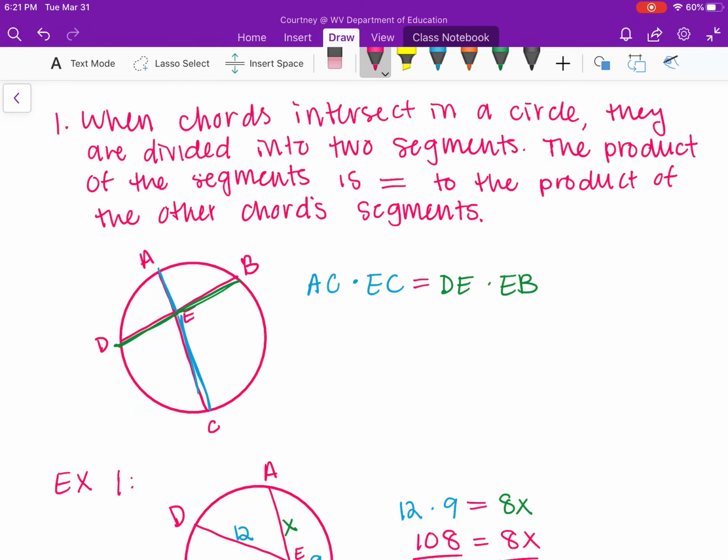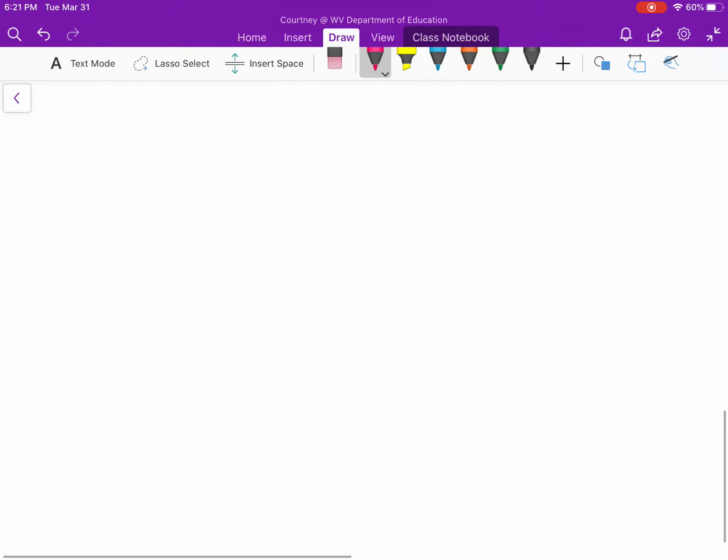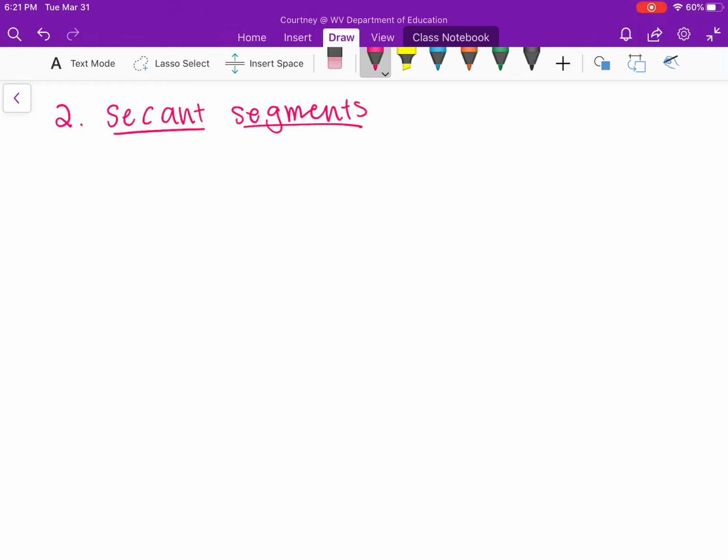That has to do with chords. Our second one, number 2, is going to have to do with secant lines. This is called secant segments. And we're going to write another little small paragraph here.